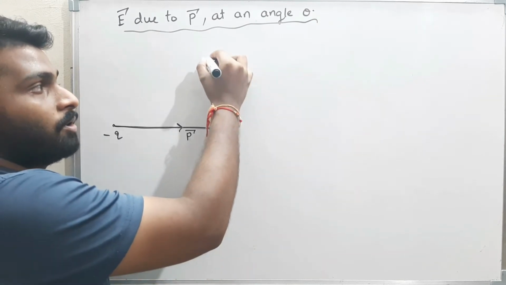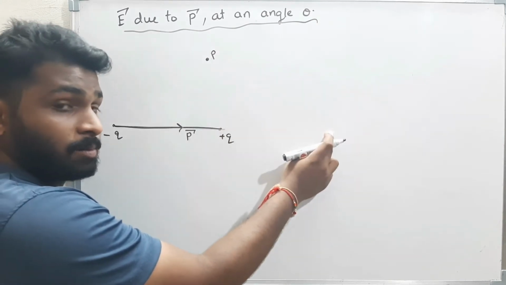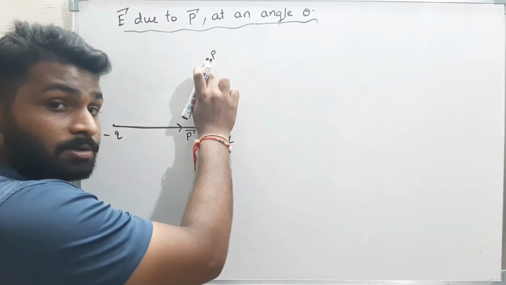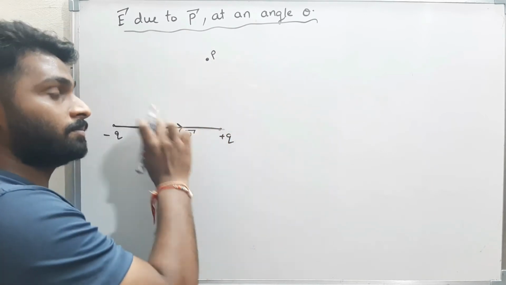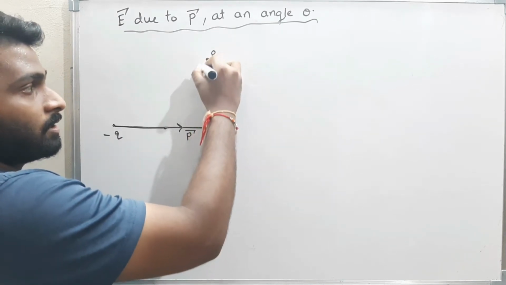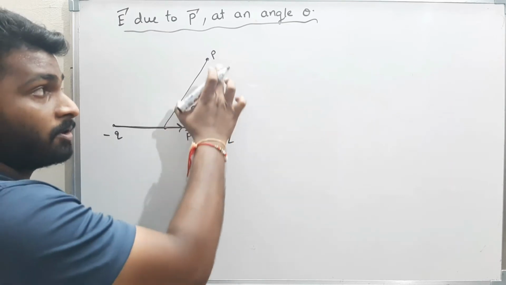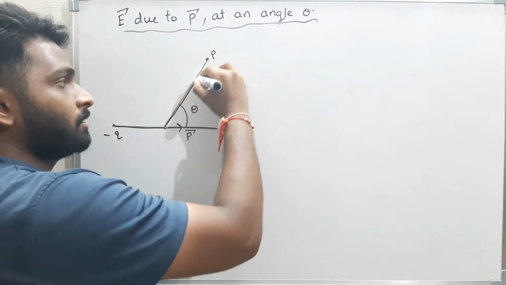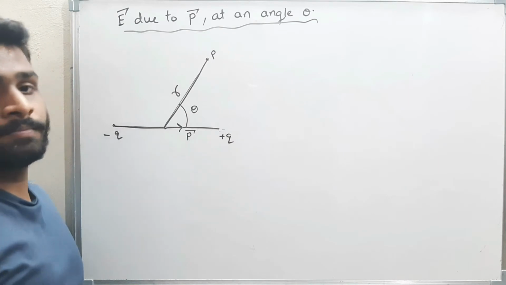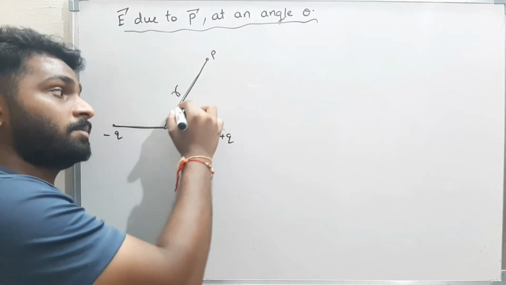Now I am taking some point P. This point P is neither in axial position nor in equatorial position. This point P is making some angle theta at the center, and it is at a distance r from the center.